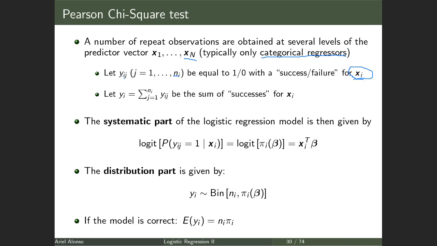Probably if you do an observational study, every value of the vector of covariates is unique. It's very unlikely that you will have two individuals with exactly the same weight, exactly the same body fat, and exactly the same cholesterol. The probability of that will be 0.